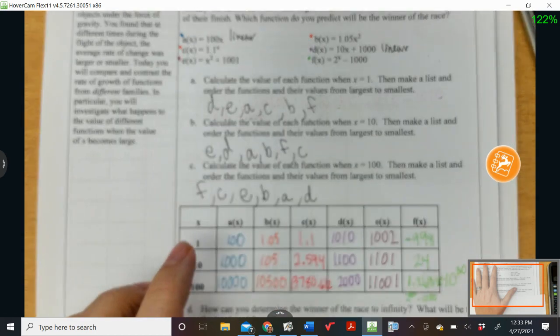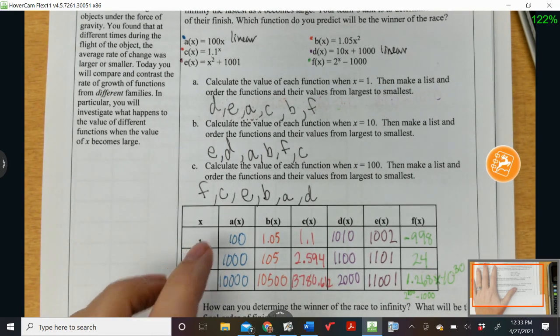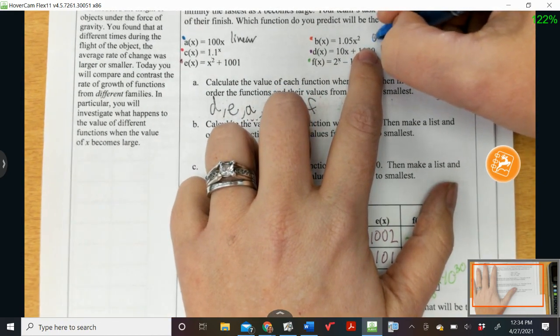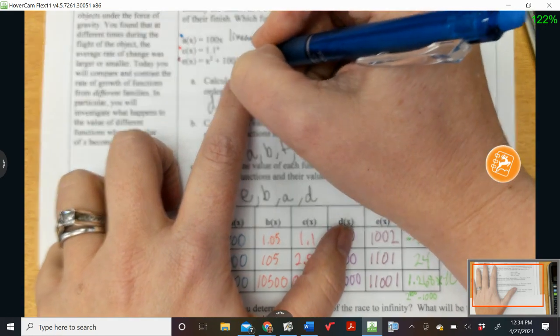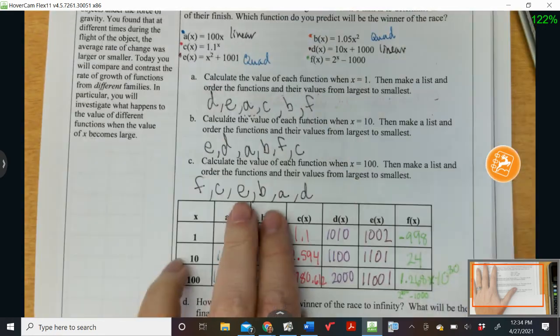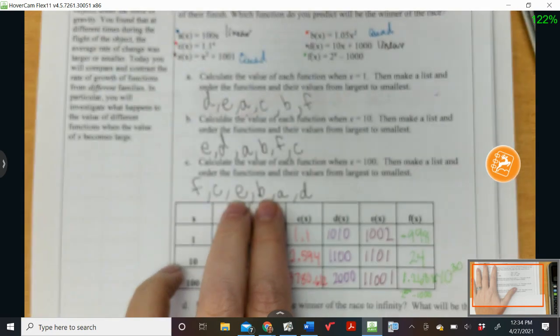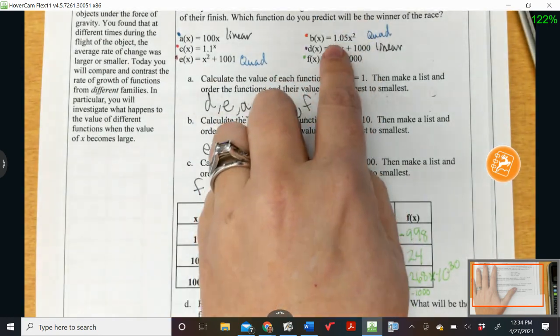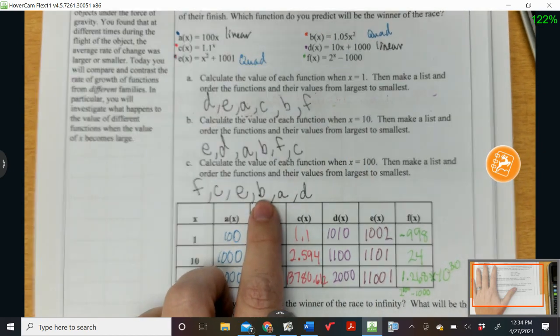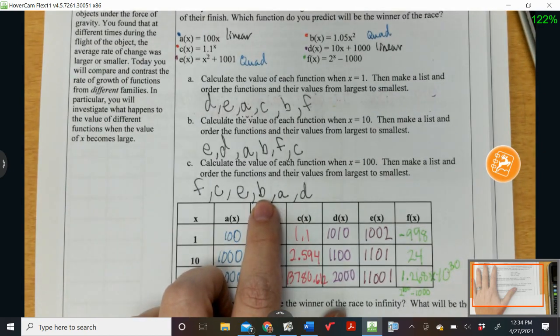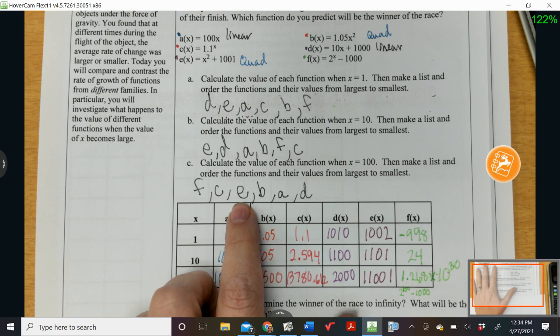And if I look at B, B is a quadratic equation, and so is E. And notice that they are next. B, with its coefficient 1.05, is basically x squared. And then E is here.